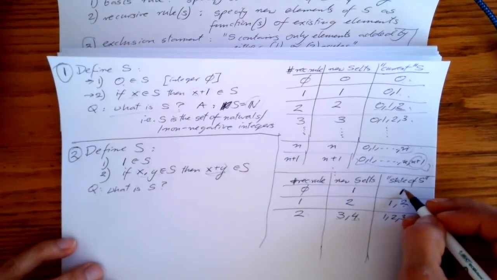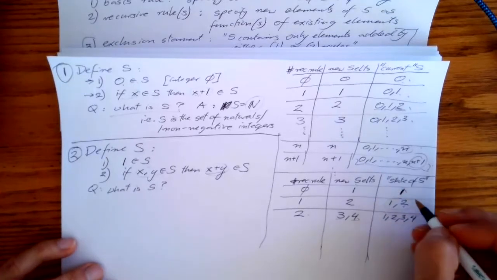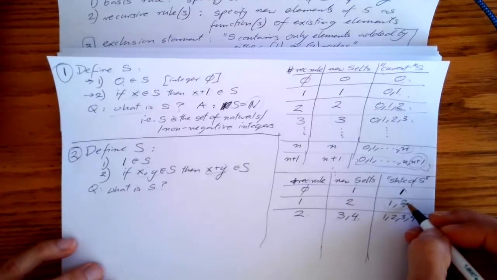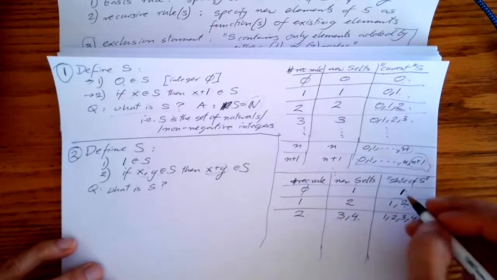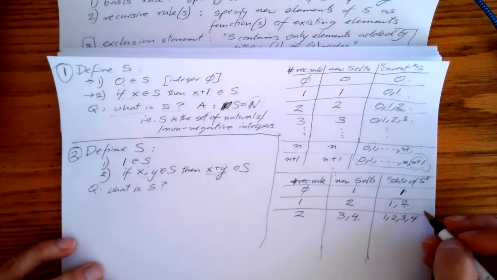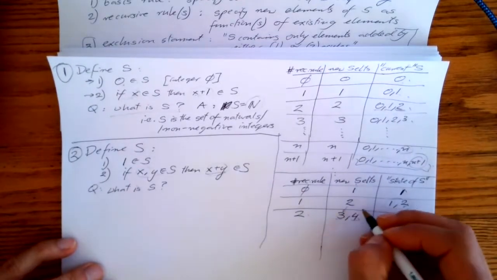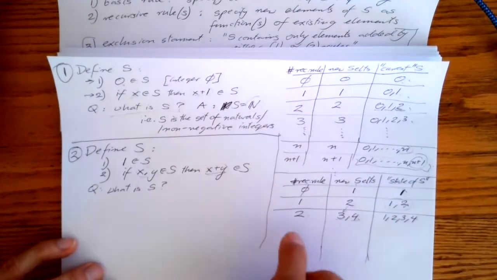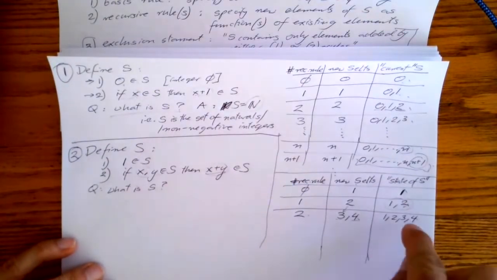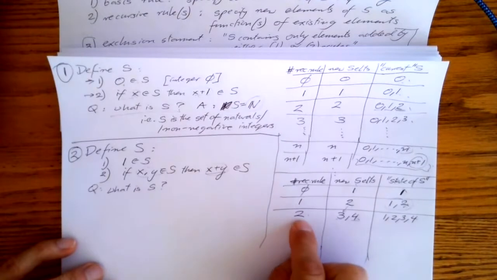I start with the base case, then I use the recursive rule once to build a 2, then I use it again to build a 4. If I think of this as a tree, the number of hops I have to go through in order to reach all of these is 2.